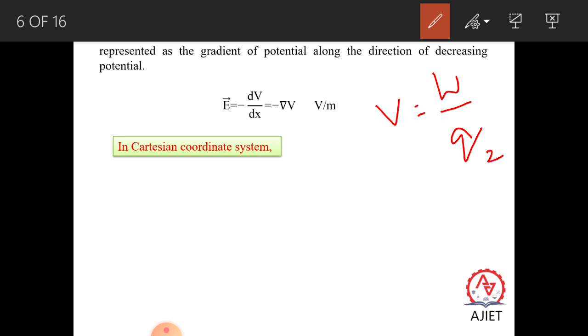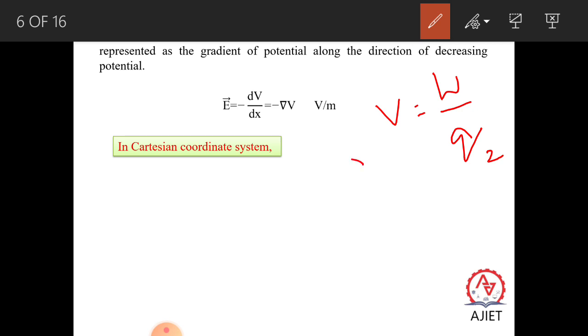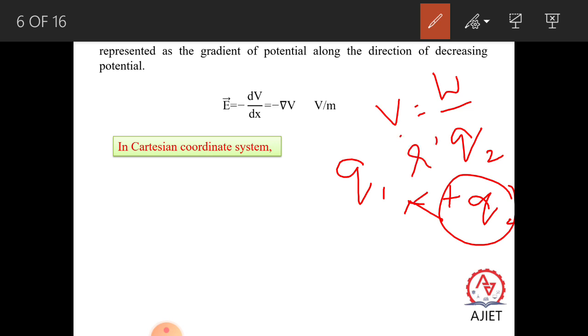How to determine the electric field? Say for example, if there is a charge Q1, we bring a positive test charge Q2 from infinity near this Q1. At a distance r, this charge will experience a force of repulsion, if Q1 is a positive charge.